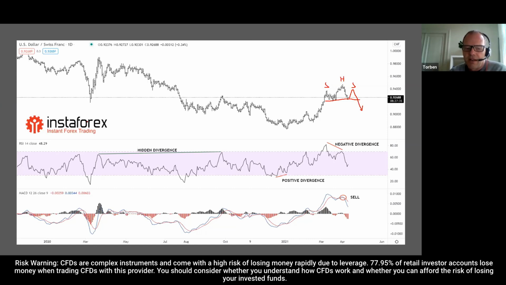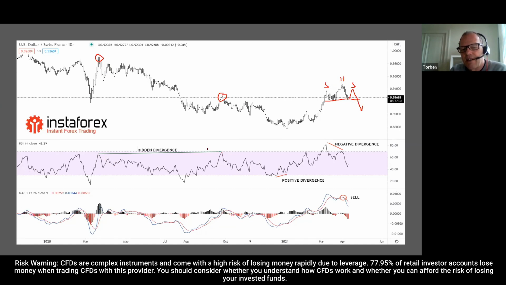So worth looking for. And this one is pretty interesting stuff too, because I've shown the hidden divergence on the downside, but you can see it here at the top too. This one, you had this as the top, and you had another top down here, but actually you can see the RSI is higher here than it was here.